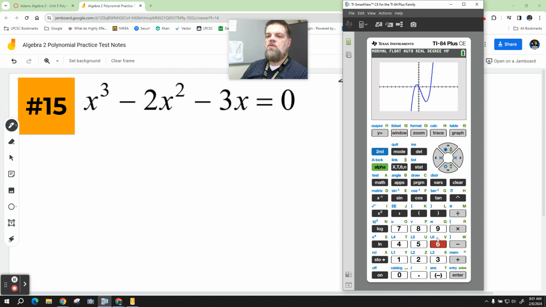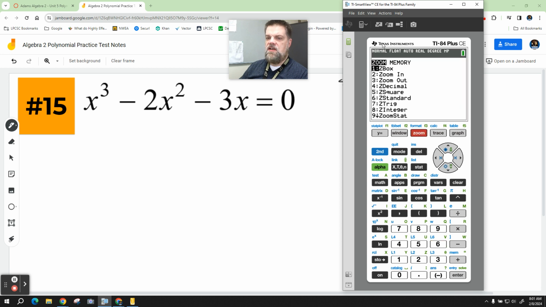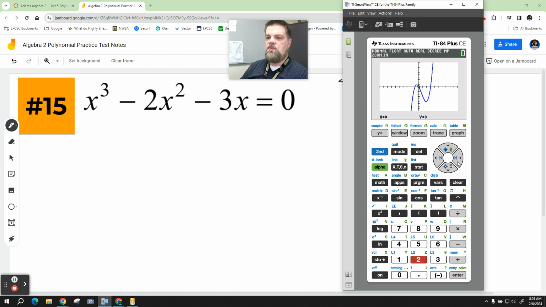Now you could zoom in a little more if you want to. You don't have to. I'm going to zoom in a little more, so I'm going to hit zoom, and then I'm going to hit option 2. And see that little cursor I have? Whoops, got a little crazy there. What I like to do is zoom in wherever I put that cursor, it's just going to zoom in around that spot.